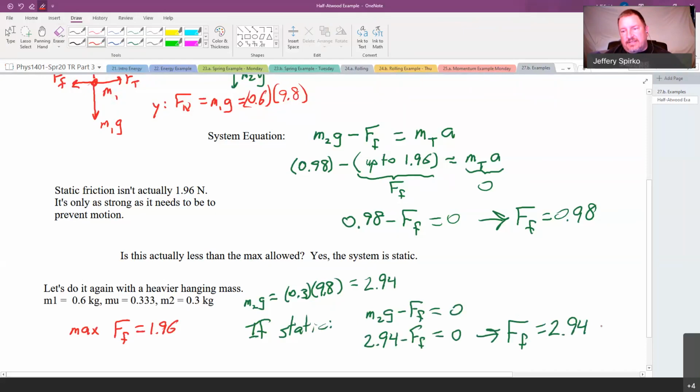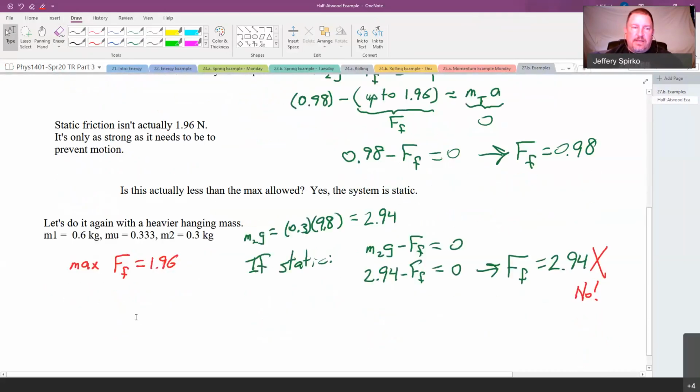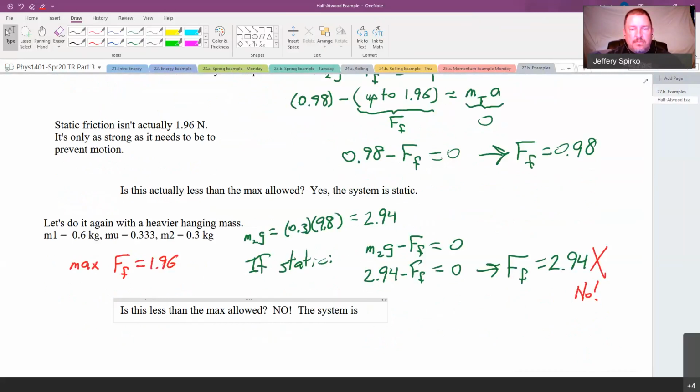And then we look at that and say, no, it is not allowed to be 2.94. It's only allowed to be 1.96. So that's how we know the system is kinetic.